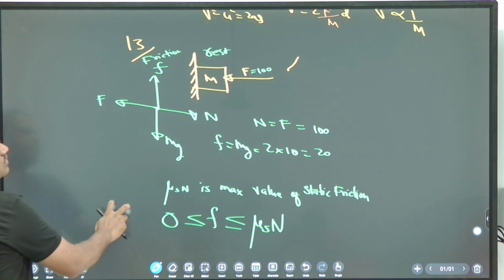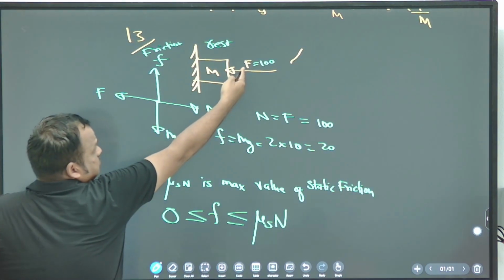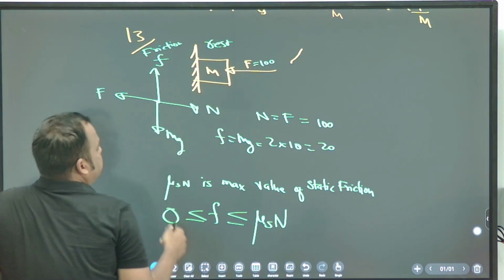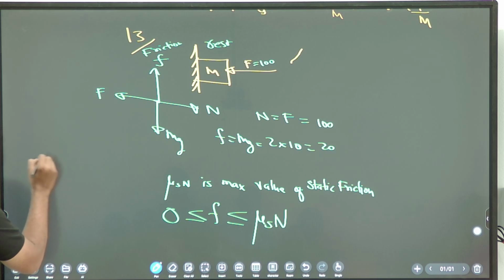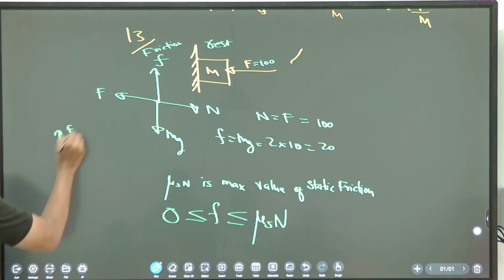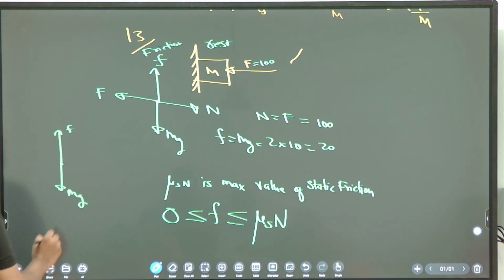Suppose they ask what the minimum value of F is, then you will need this. Yesterday we derived it. Friction is upward, mg is downward.